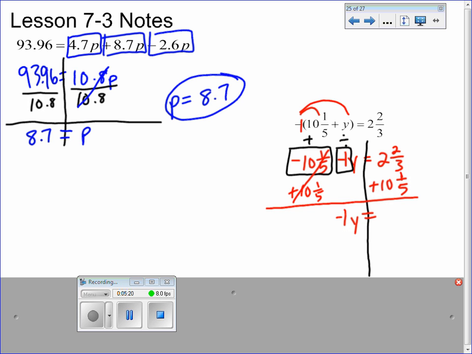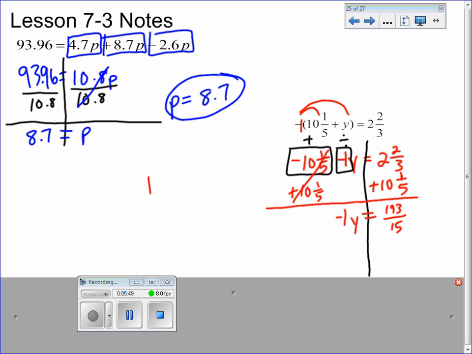So I'm going to type in 2 and 2/3, then hit plus, then 10 and 1/5, and then hit enter. When you do that, you get 193/15, but we need to simplify that.